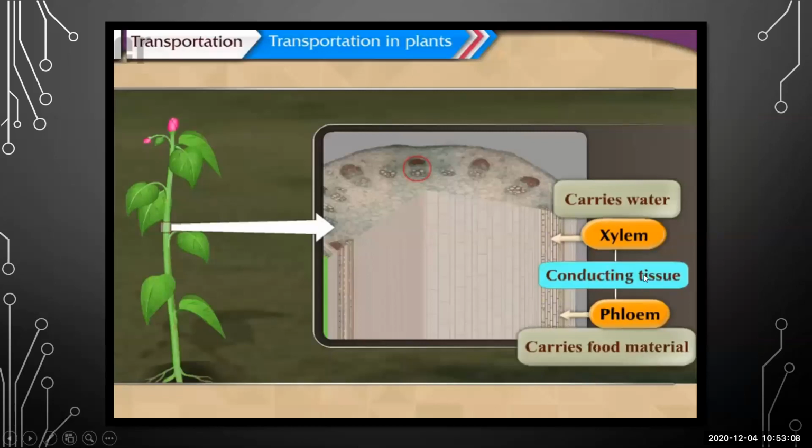Both are conducting tissues. Xylem conducts only the water, in the upward direction only, which has been absorbed by the roots.